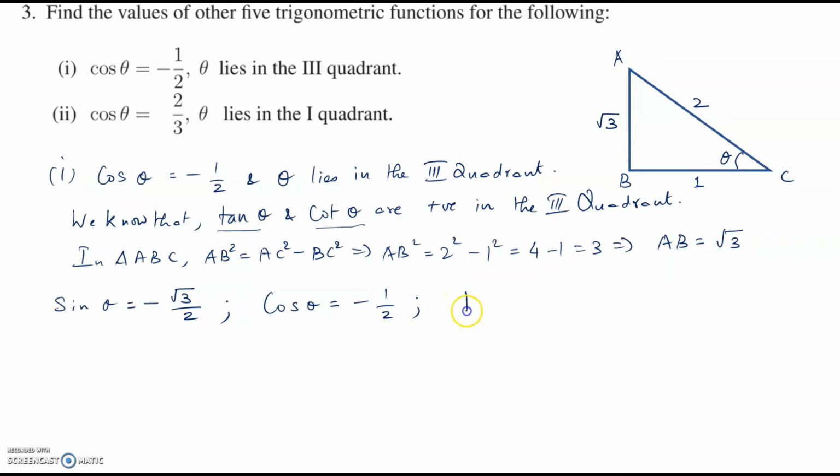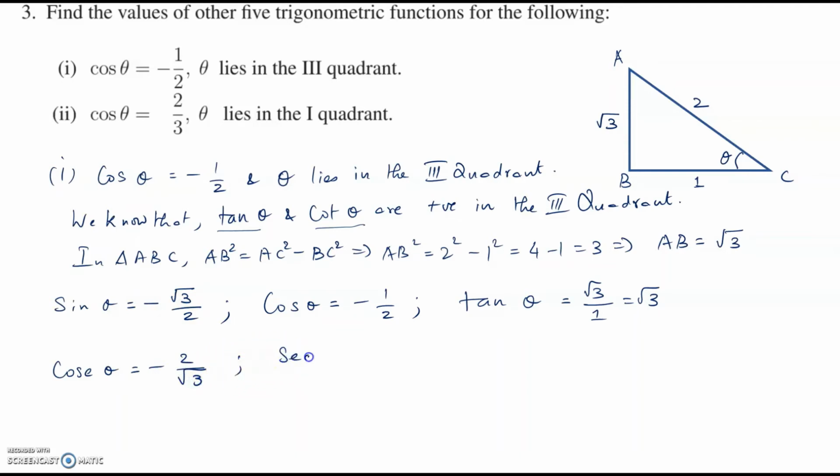Then our tan theta is positive, which is opposite side by adjacent side, root 3 by 1, which is root 3. Then the reciprocals: cosec theta, which is 1 by sine theta, will be minus 2 by root 3.